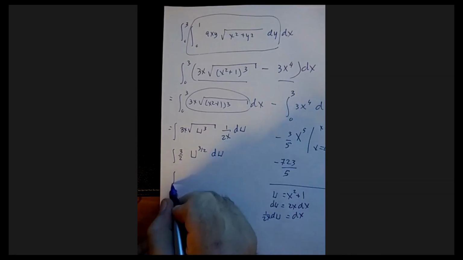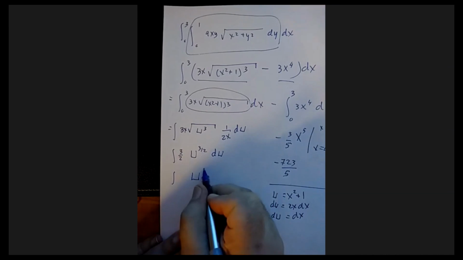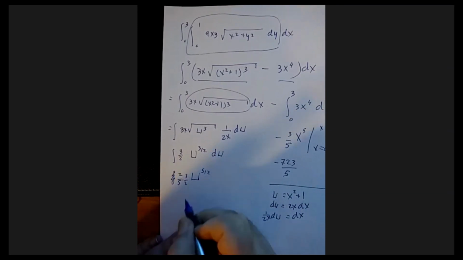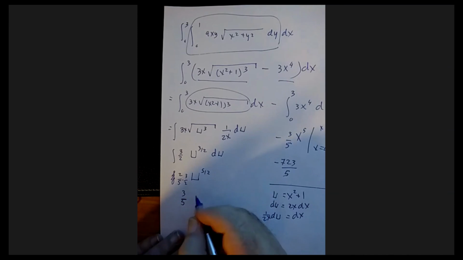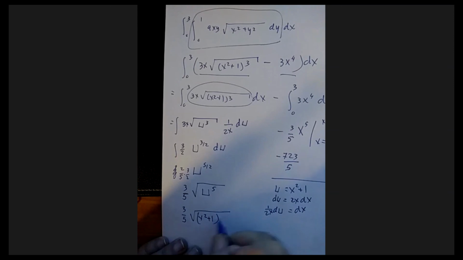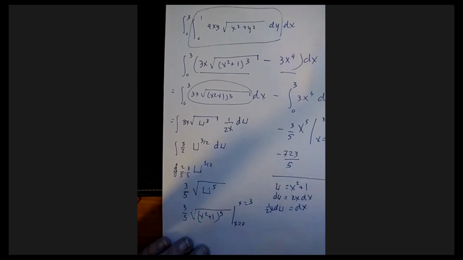Which means that I can add 1 to its power and divide by the new power, which is cancelling to give me 3/5. That fella becomes that. That fella becomes that. Evaluated at x equals 0 and x equals 3.